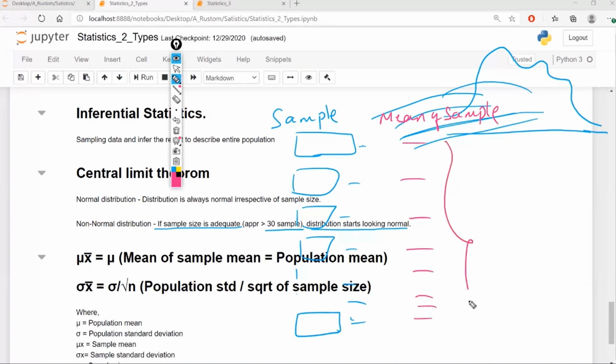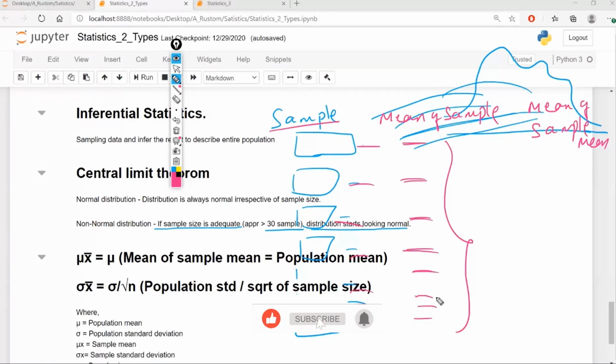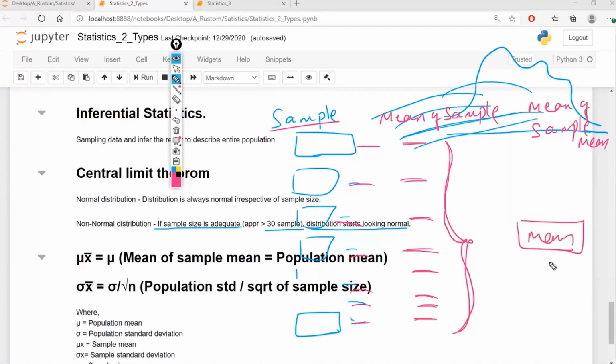If I again take the mean of the sample means, first of all this is my sample and I take a mean, and I have one data point. I will get a mean of each sample. Again, if I take a mean of these, I will get one mean data point. So that mean is basically the population mean.